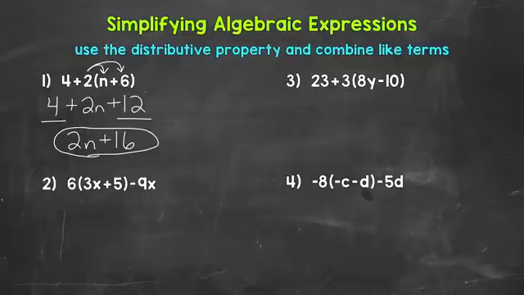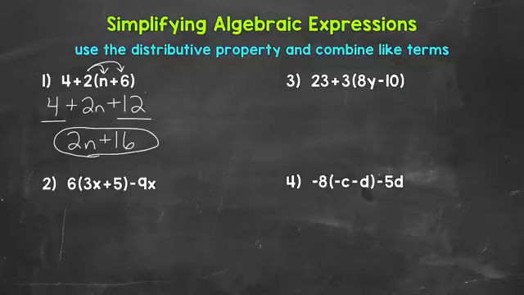So again, for number 1, we just have two terms, a variable term and then a constant term. So 2n plus 16 is our final simplified expression. Now, that final simplified expression is equivalent to the original expression. We were just able to simplify that original expression by using the distributive property and combining like terms.